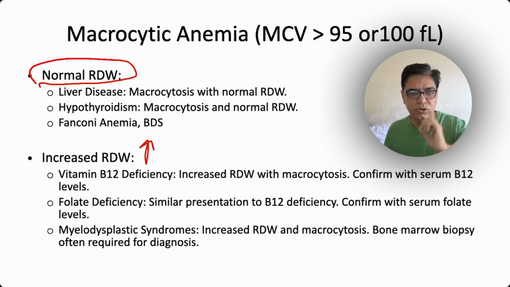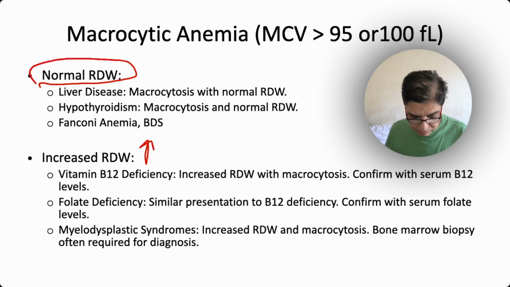So you can get macrocytic anemia with a normal red cell distribution width, or even if the red cell distribution width is raised, it's very slight, because in B12 and folic acid deficiency, there will be very high red cell distribution width, probably around 18, 19, 20 or even more than that.